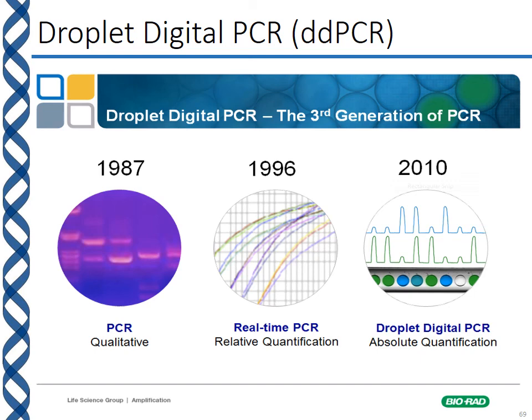And then we have ddPCR as the third generation of PCR, and this allows us to quantitate absolutely the template DNA concentration that we have in the sample through this massive partitioning.